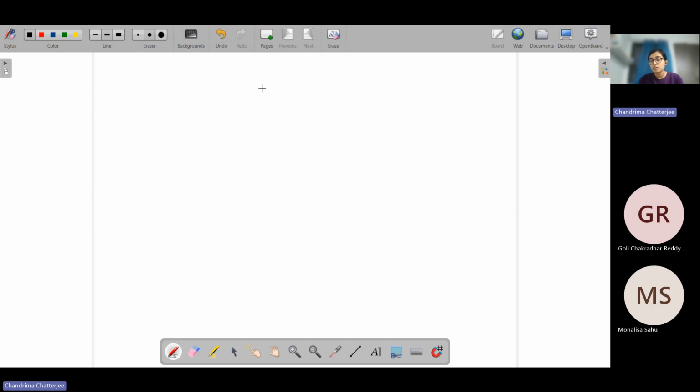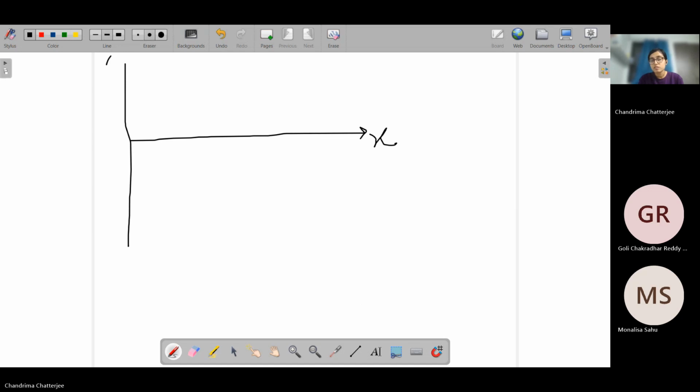Now, why does this happen? For a symmetric line, if you plot it, in the x-axis this is x, and here you have Q. Q varies like this.